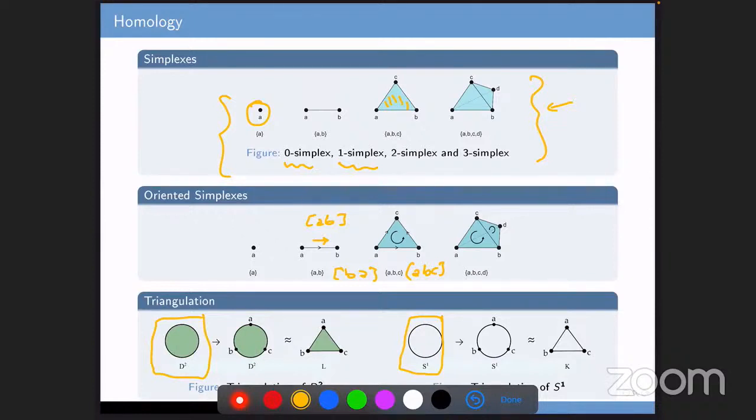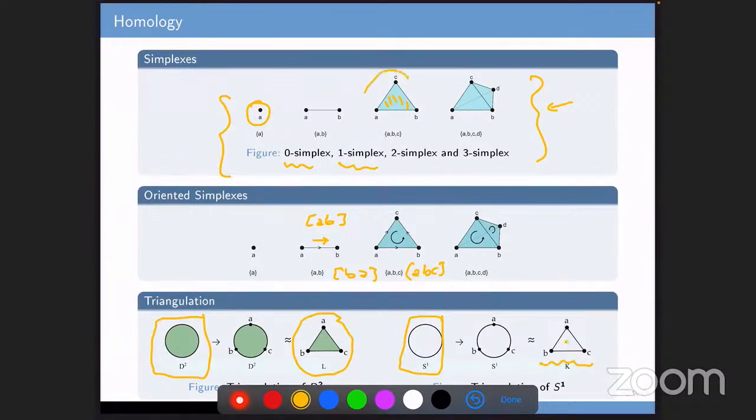We are allowed to do some deformations, and one of these is we can just apply pressure from the sides and from the bottom, and we can obtain this 2 simplex here, right? This is a 2 simplex. The interior is included too. But in the circle case, we can do the same deformation again from the sides and bottom, and we again have a triangle here, but this is not a 2 simplex because the interior is not included.